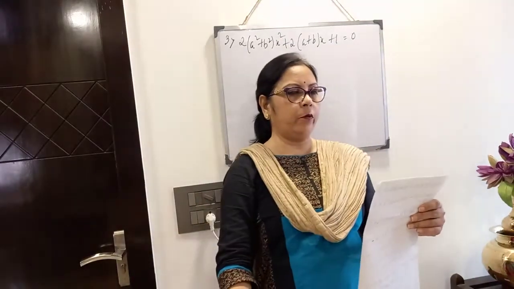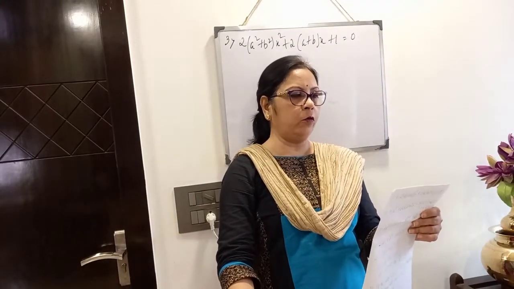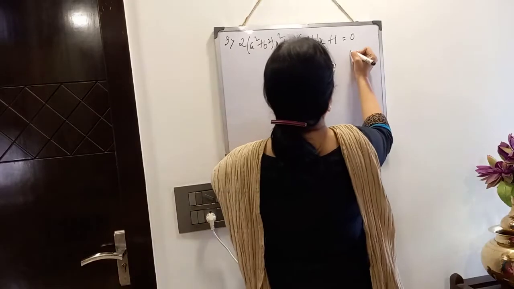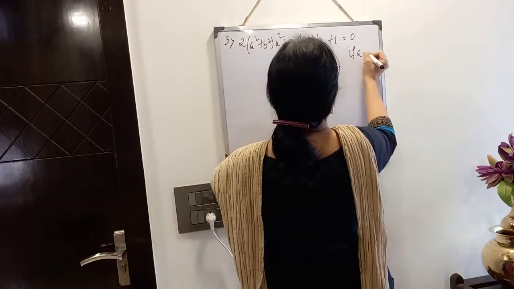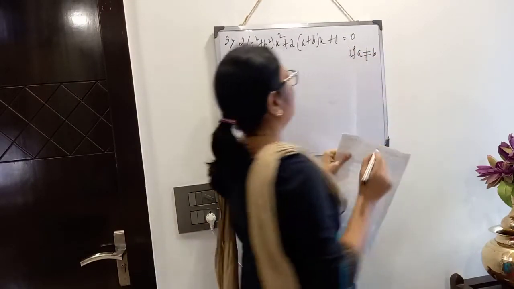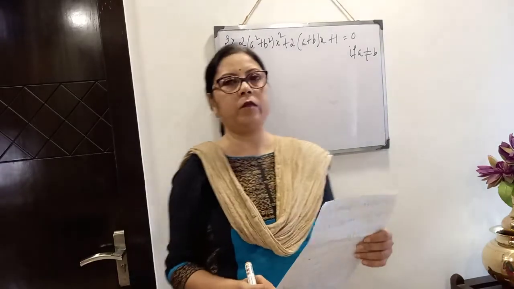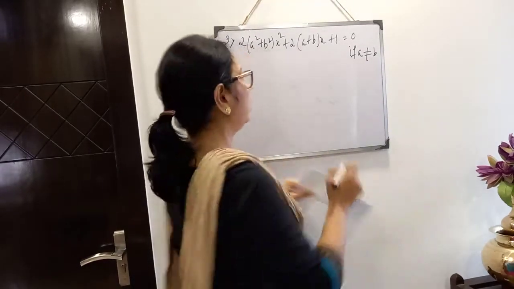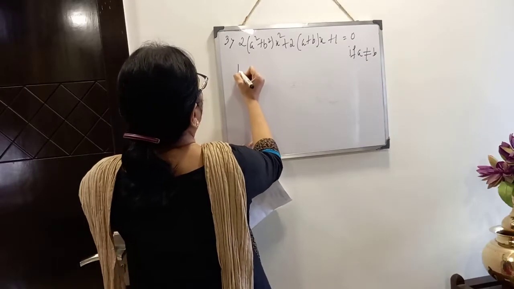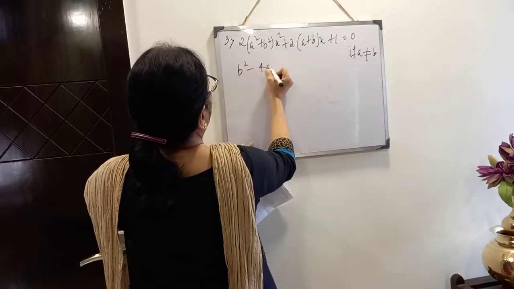It is told to prove that this equation has no real root if one condition is given, if a not equals to b. Okay, how will we do that? First we will calculate the discriminant. Discriminant is b square minus 4ac. First we will calculate that.